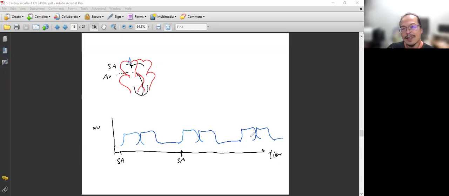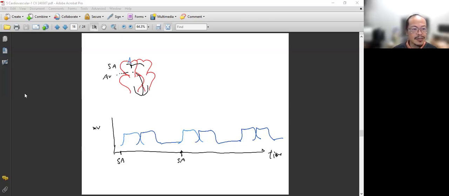We didn't really specify to talk about the cardiac cycle, but in the general concept of the cardiac cycle, each cycle is initiated by the SA node. So let me write it here.